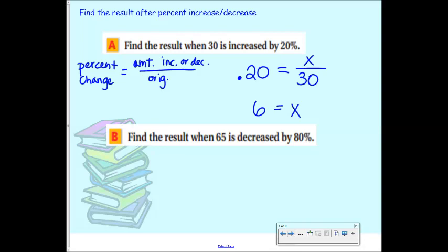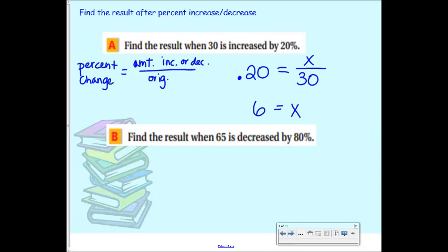All right. So that's the what? That's the amount of increase. So if I want to find my end result, what would I do? Add it on. Why add? Why not subtract? Very good, Reggie. Perfect. It says increase, so at the end you should add. If it said decrease, what would you do? Subtract.